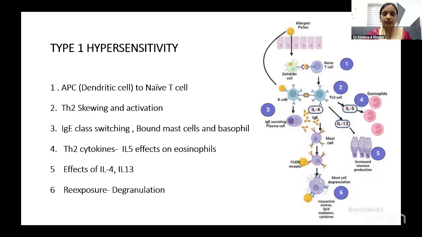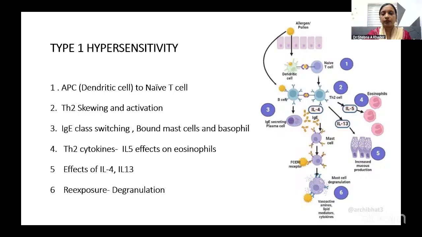And the third one is the Th2 cell in turn activates the B cell, and plasma cells will be formed, resulting in IgE secretion. And the IgE is released and then it gets bound to the mast cells and basophils.